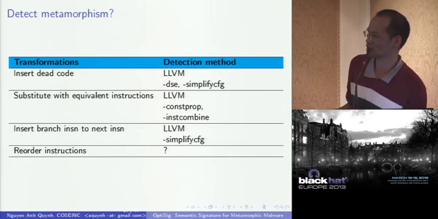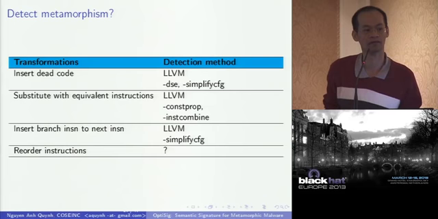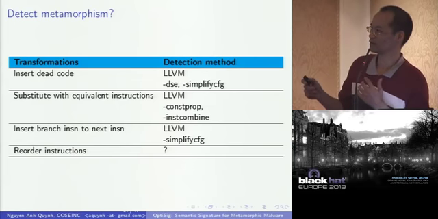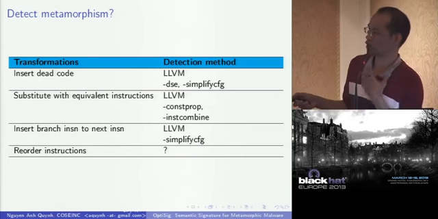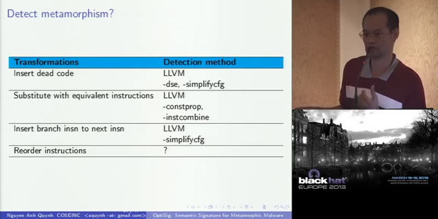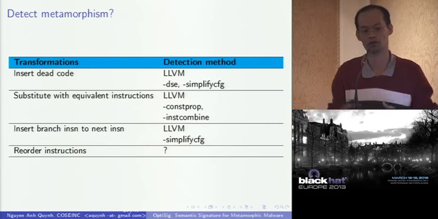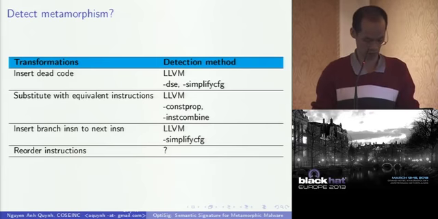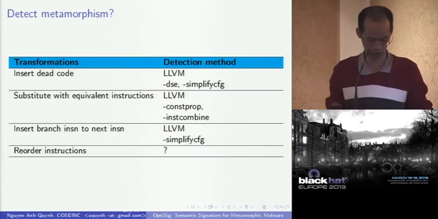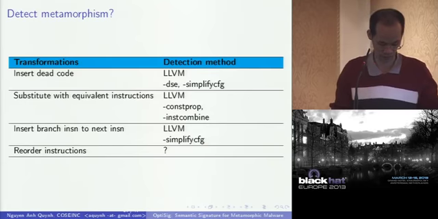Inserted branch instruction to the next instruction can be removed with simplify control flow graph. That makes us reverse the first three transformations, and what remains is the last one, reorder instructions, which cannot be reversed by LLVM. So next we see how we reverse the last transformation.